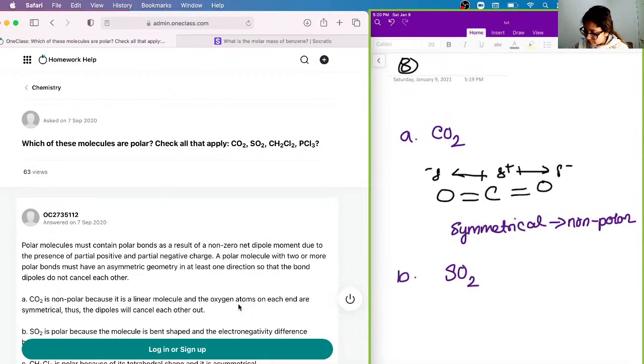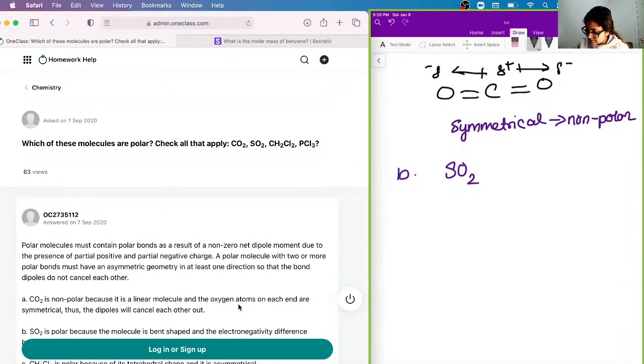And so SO2, the way you would draw this, sulfur in this case would have a lone pair, and in this case this is not symmetrical, as you can see it is bent.